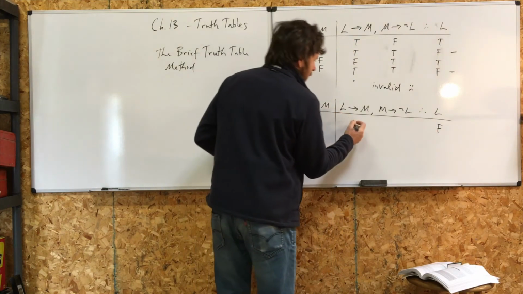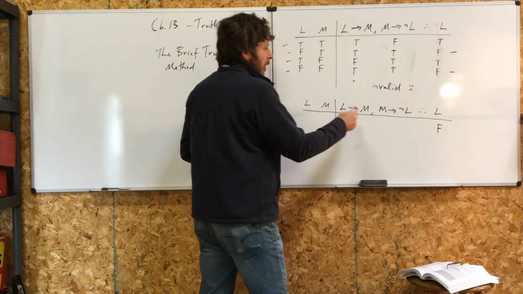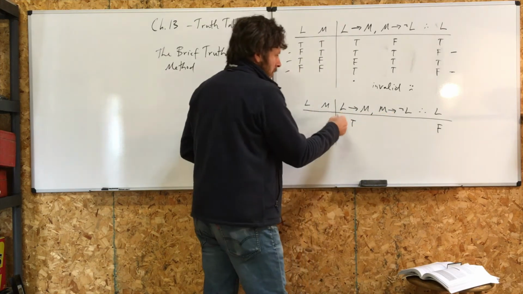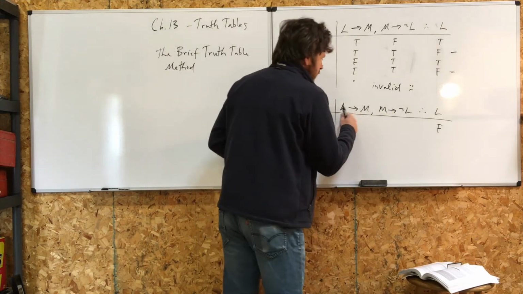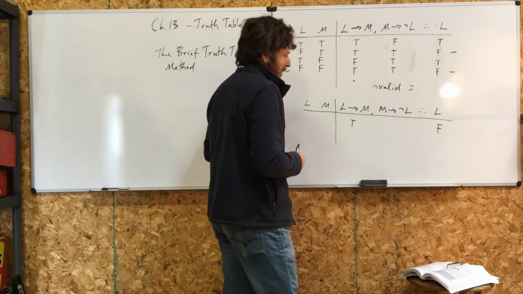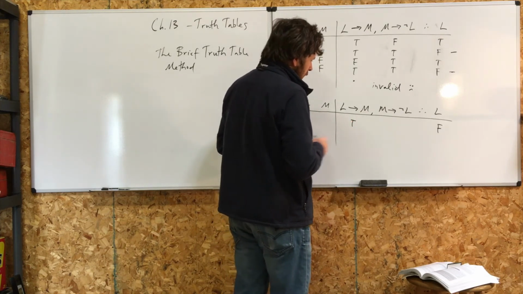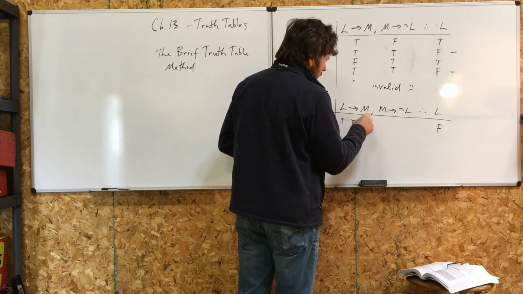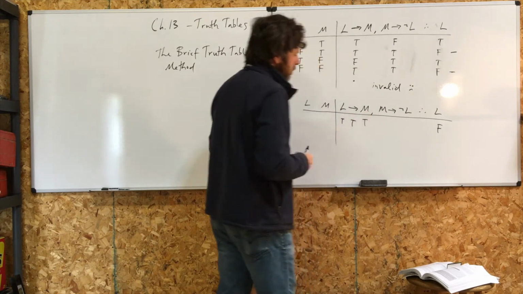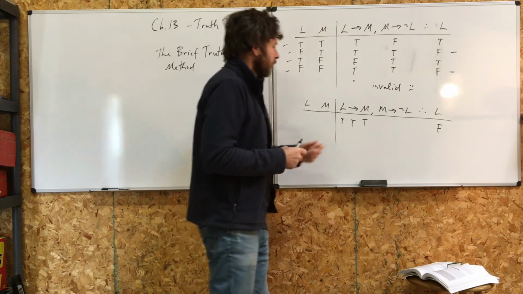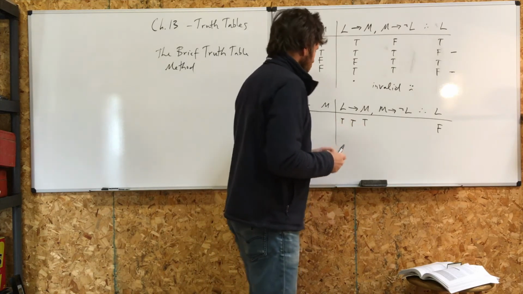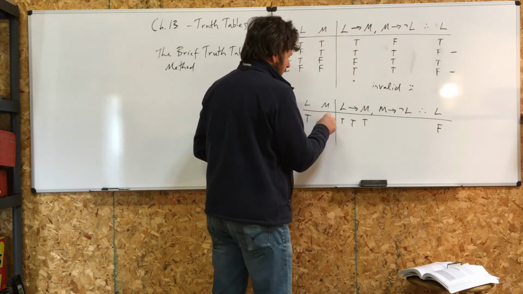Now, we want to make each premise true. Okay, so let's start with this first premise here. How do we make this true? Well, there's a couple of possibilities, right? To make this true, L could be true and M could be true. Okay? So that'll make the first premise true. So let's try that right there.